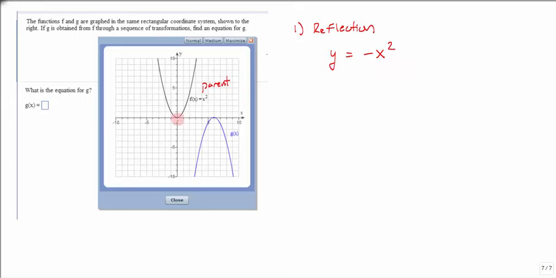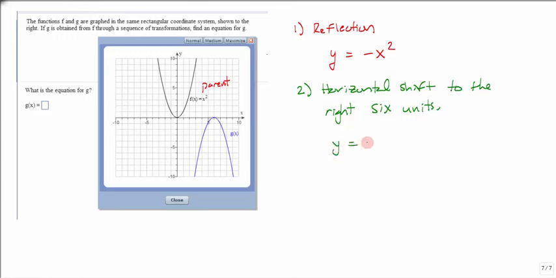Then I see I have a horizontal movement, or shift to the right, 6 units. Okay, now remember, this will go in the argument of the function, but it's always opposite of what you think.